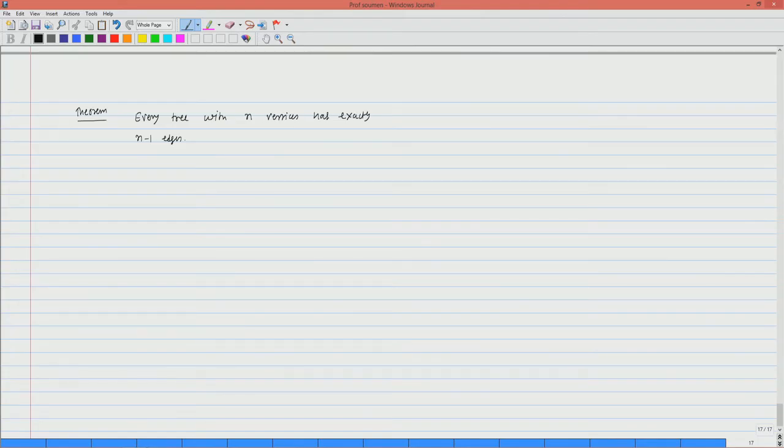Because of that, every tree with n nodes has n minus 1 edges.